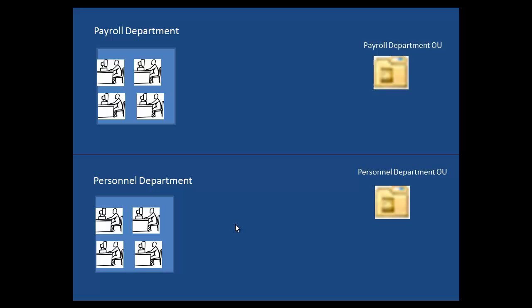And then we would customize another template, and this template then would be linked to the personnel department OU, where we would have placed the computer accounts from the personnel departments. Let's take a look first to see how we will go about configuring the security template.